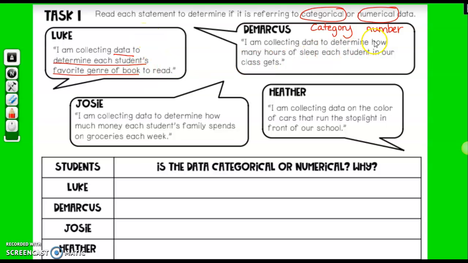I don't think so. That's not going to be numerical. That is going to be categorical data. Okay, so down here we want to say that this is categorical. And then why would that be categorical data? Well, because your answer will be a category, not a number.